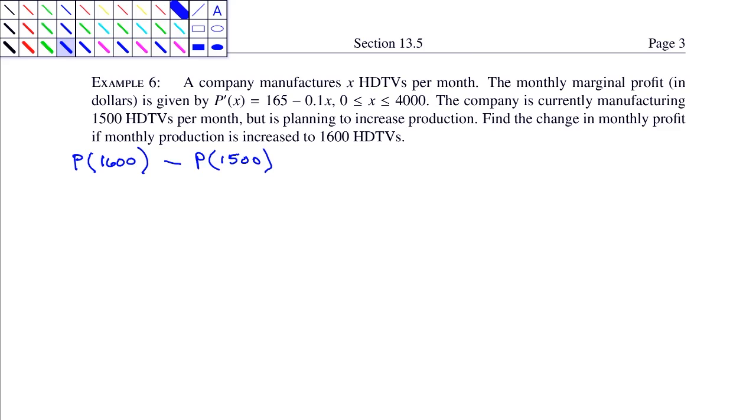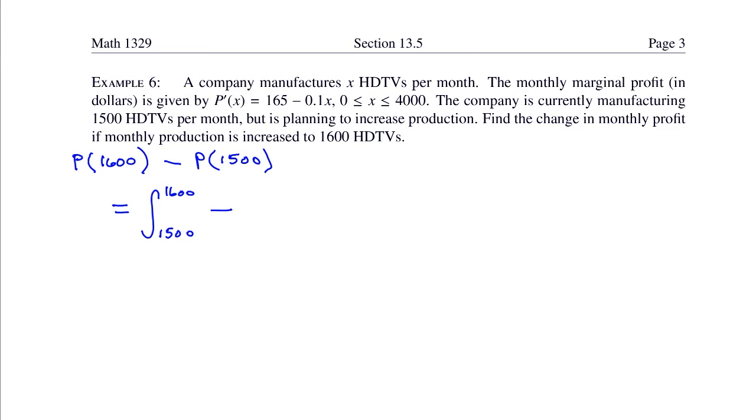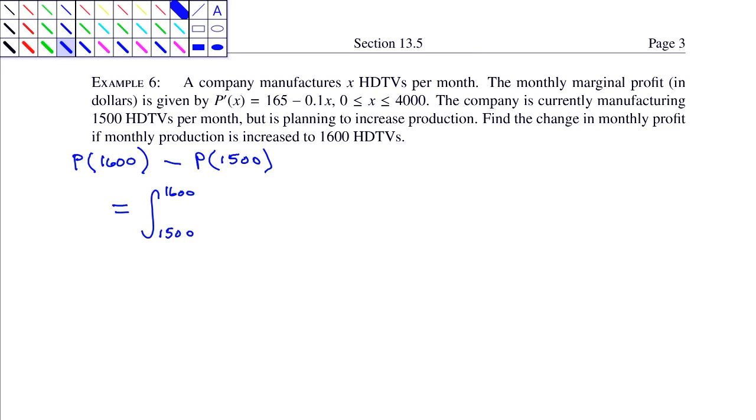Now, does this look familiar? A function evaluated at a number minus that same function evaluated at another number. So what is that actually? That is actually the integral from 1,500 to 1,600, but it's not of the P function. You integrate the derivative. So it's the integral of P prime of x dx. And luckily for you, you were given P prime of x.